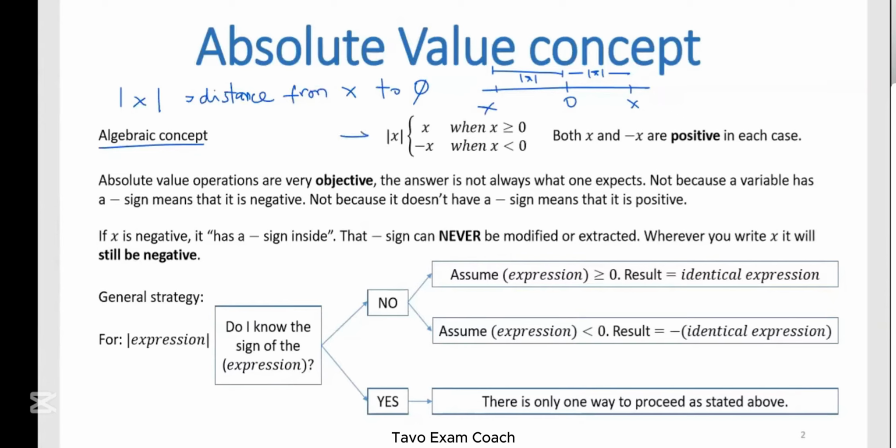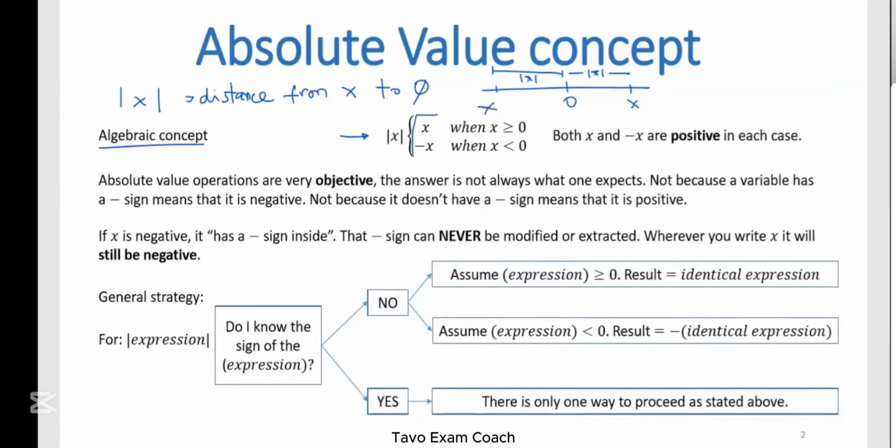The absolute value then of any expression is the same expression when that expression is positive, and it is the additive inverse of that expression when the expression is negative. In this case, because it is negative, then the additive inverse minus x is positive.